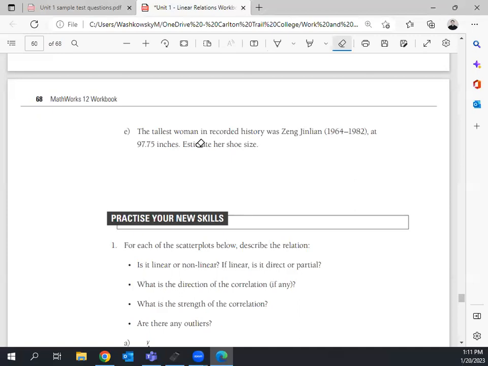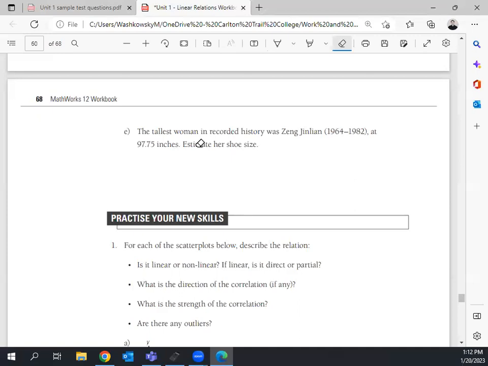We're going to do the one over the page. So first off, when we look at these points as we go from left to right, what do we notice? The points go down.